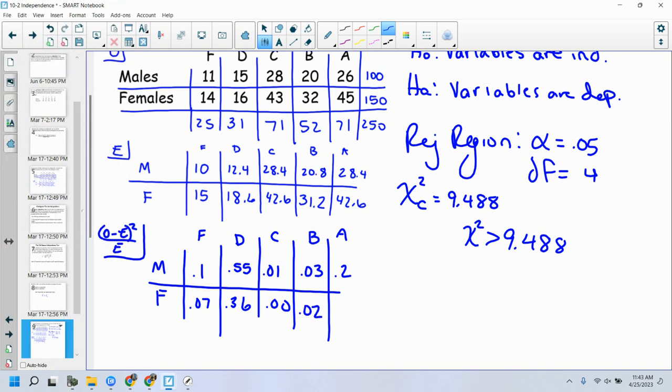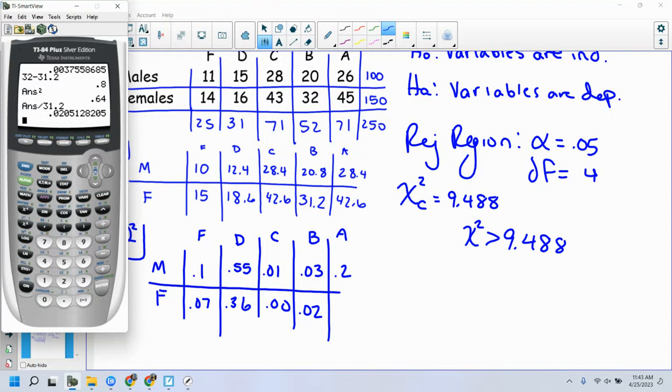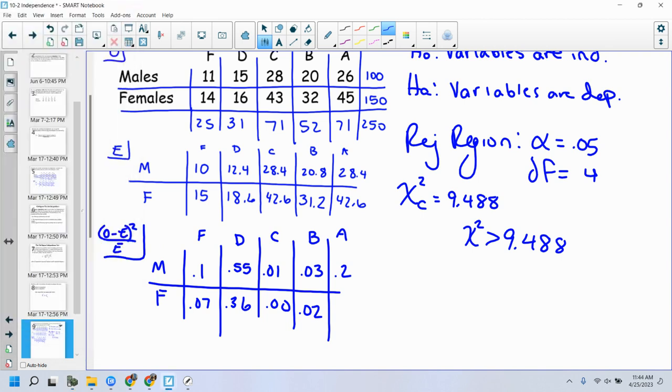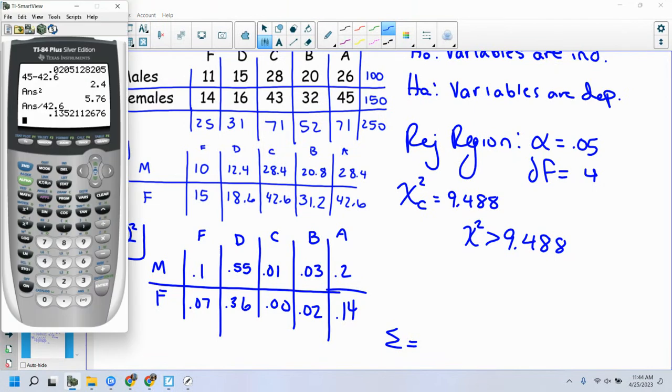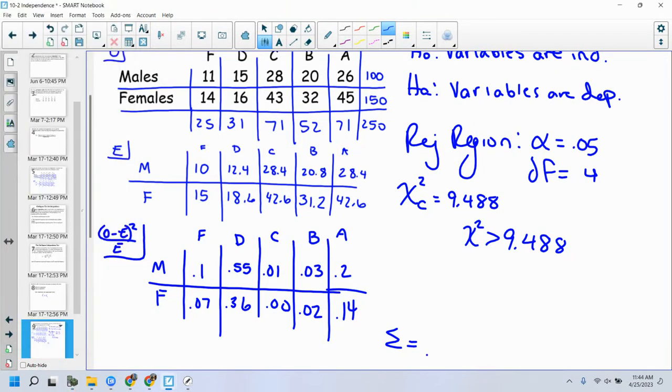And then the last one here, 45 minus 42.6 squared divided by 42.6, which gets me 0.14. All right, let's calculate the sum. Doesn't look like it's going to be large, right? 1.48.